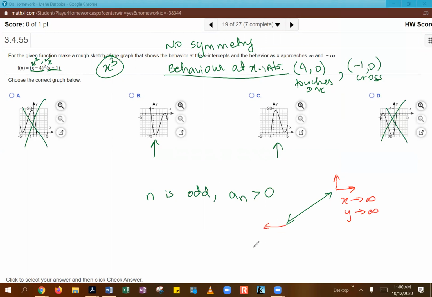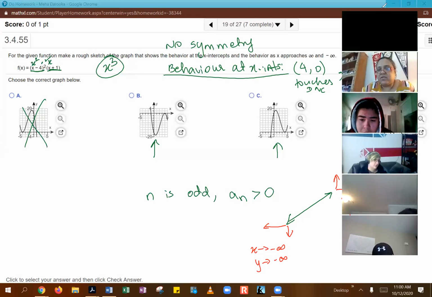As x is going to negative infinity, your y is going down, so y is also going to negative infinity. And so if we talk about this general shape, is it going to be graph B or C which will satisfy our function?